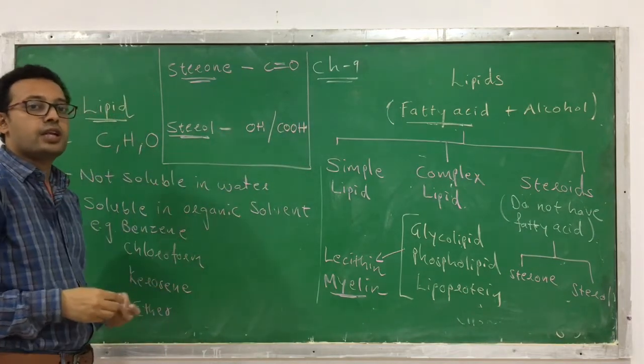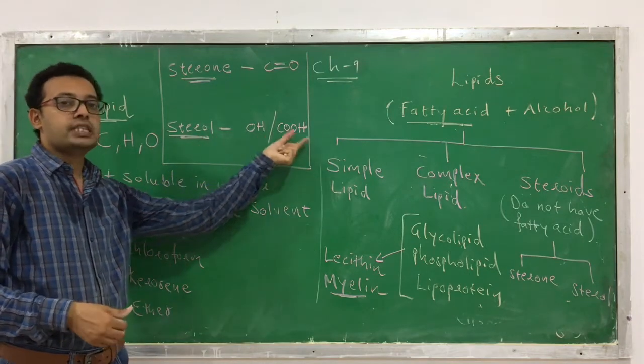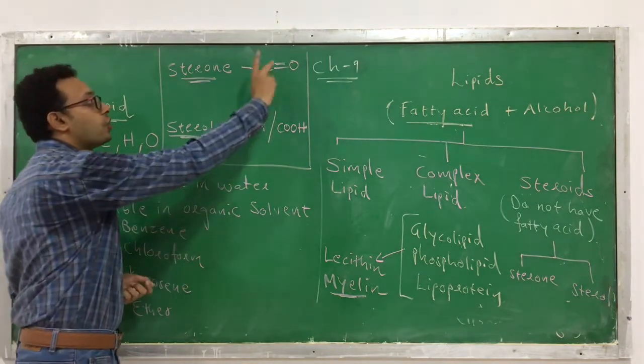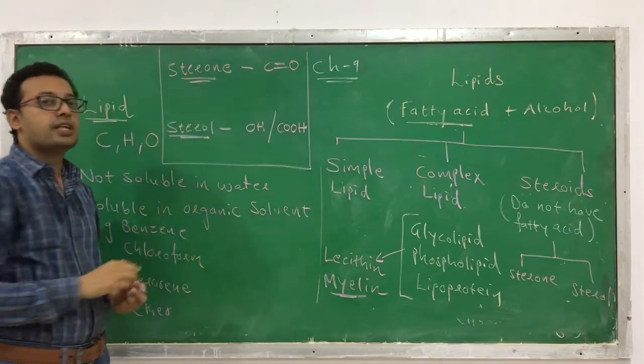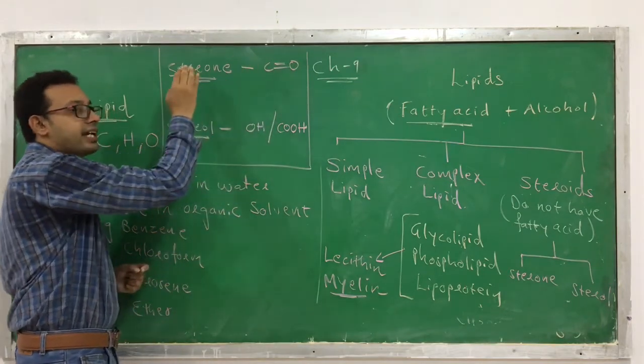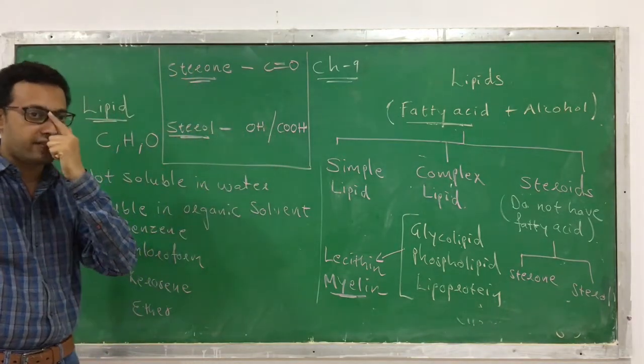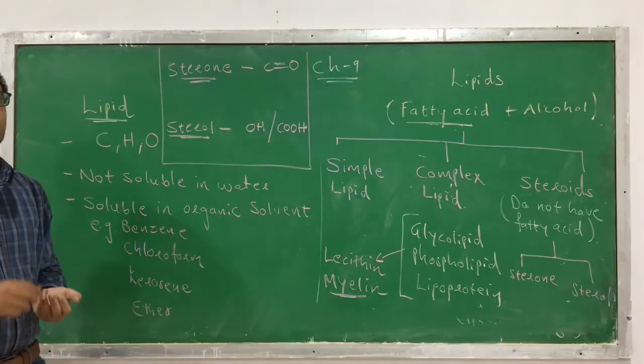That's why they are called sterol, alcohol, 'ol'. Here ketone, 'one'. So based on functional group, if they have a ketone, they are called sterone. If they have a hydroxyl or carboxylic acid functional group, they are called sterol.